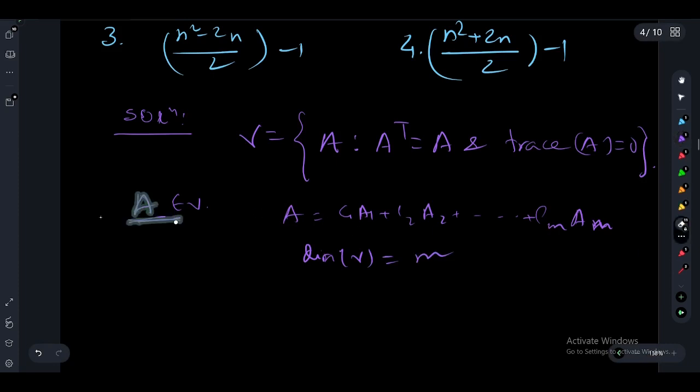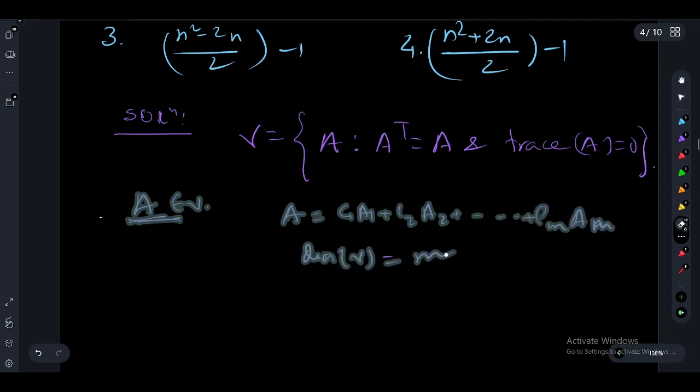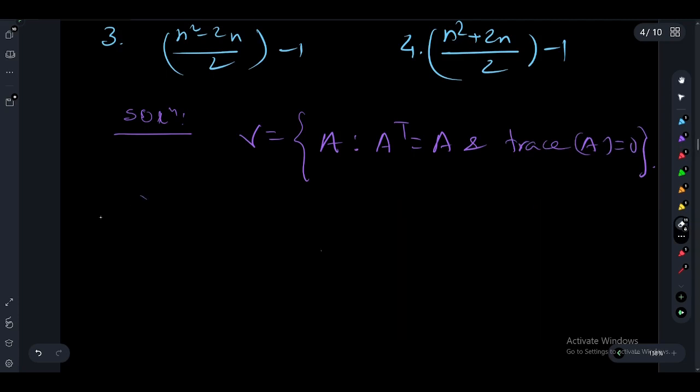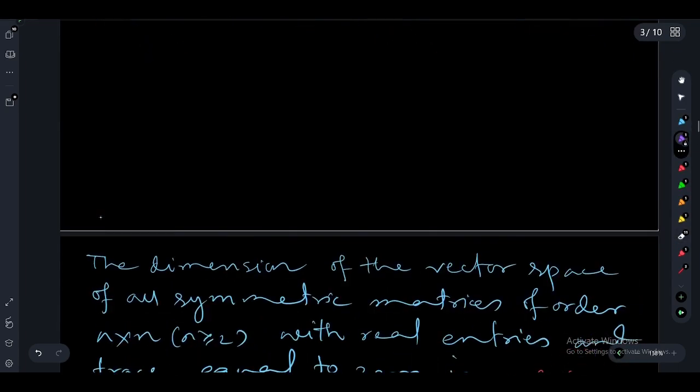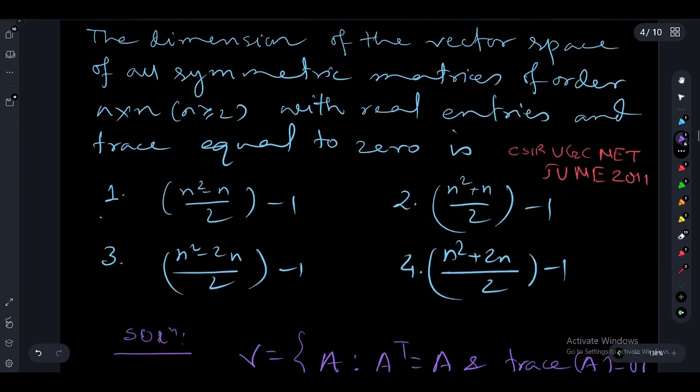So how can we find this for a general vector space, for a general n? This is quite difficult, but if we consider a special case, it is easy. Here it is given that n is greater than or equal to 2.